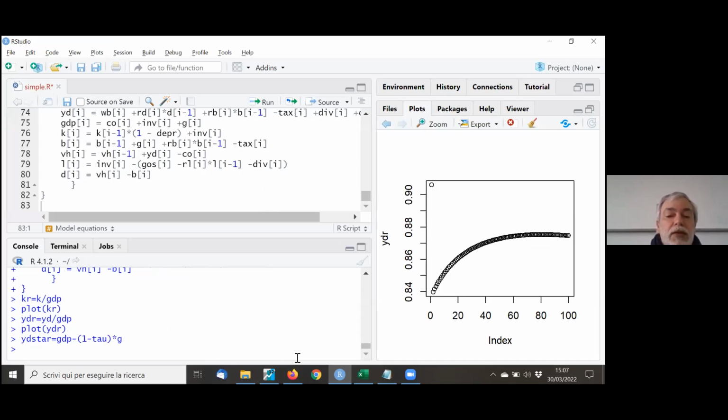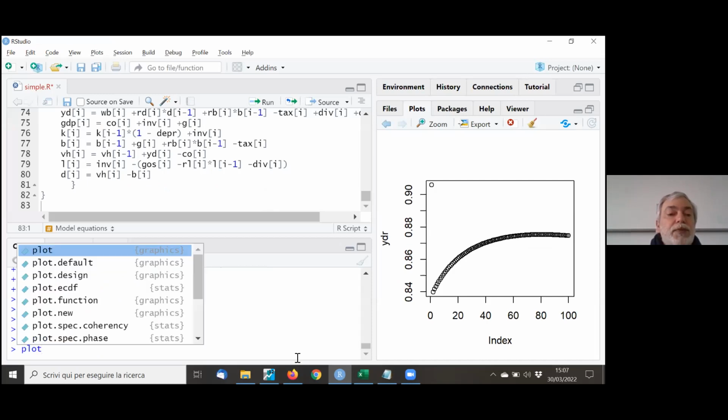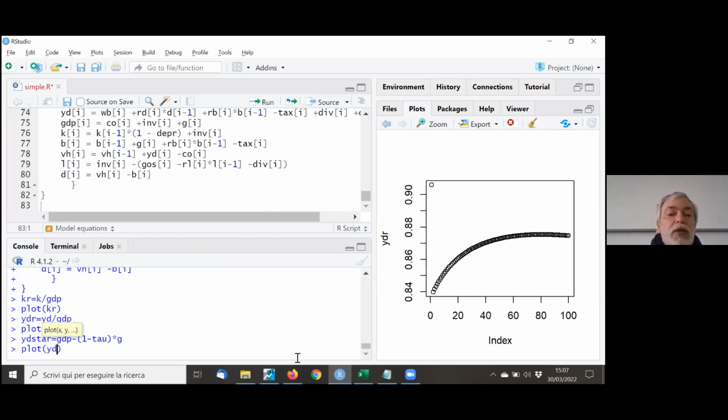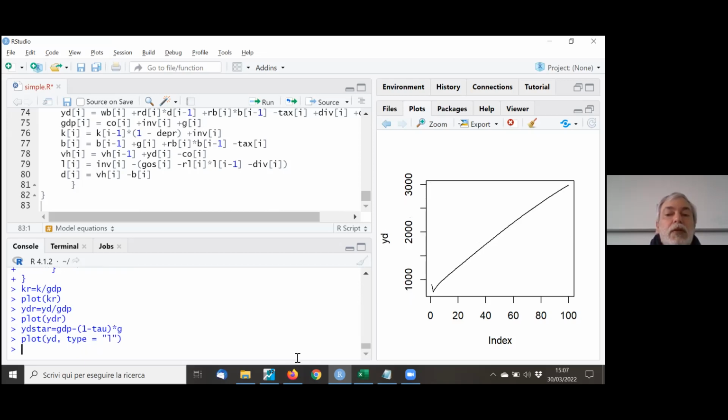And if I plot YD, how do I plot it with a line? Yeah, you have to type L equal L, open square bracket, the quotation marks L. And then I want lines.